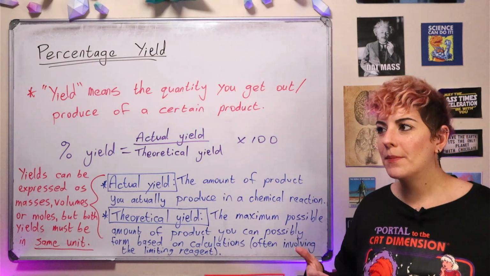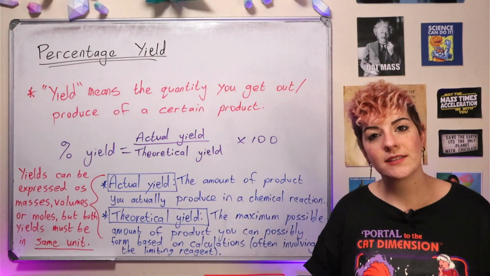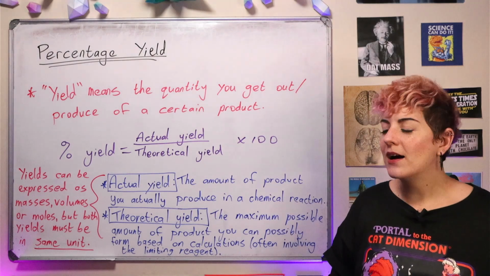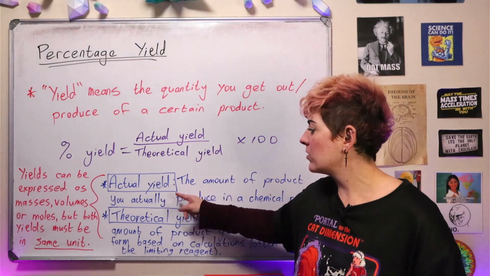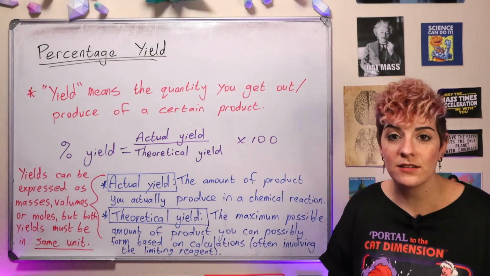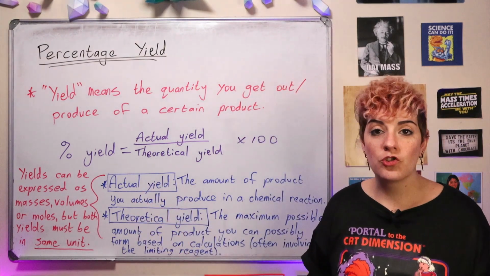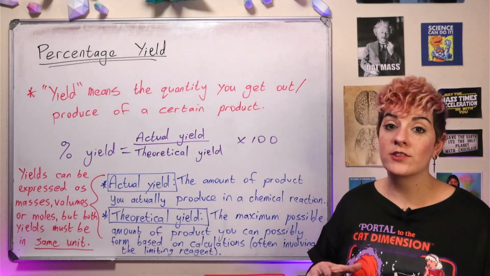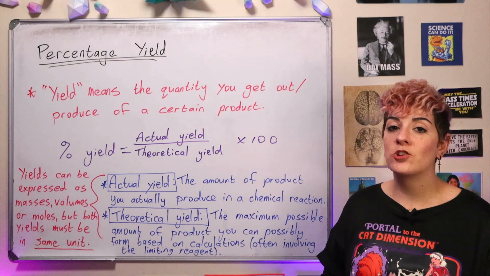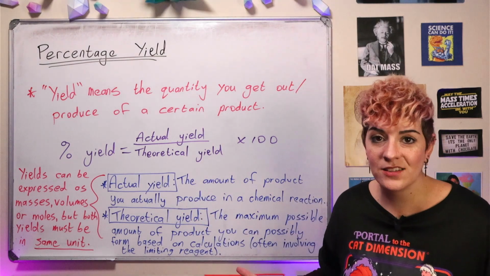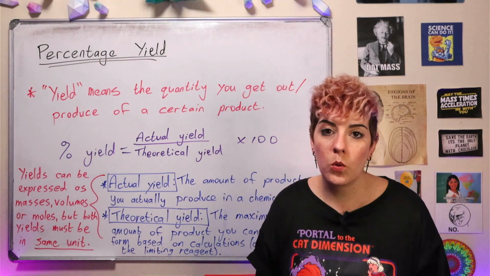Now, I've been talking about these yields as quantities, but what actual units are you using? These quantities for actual yield and theoretical yield can be a number of things, such as a mass in grams or kilograms. That's the most common form of calculation. But they can also be volumes, for example, volumes of gases, or even mole quantities.